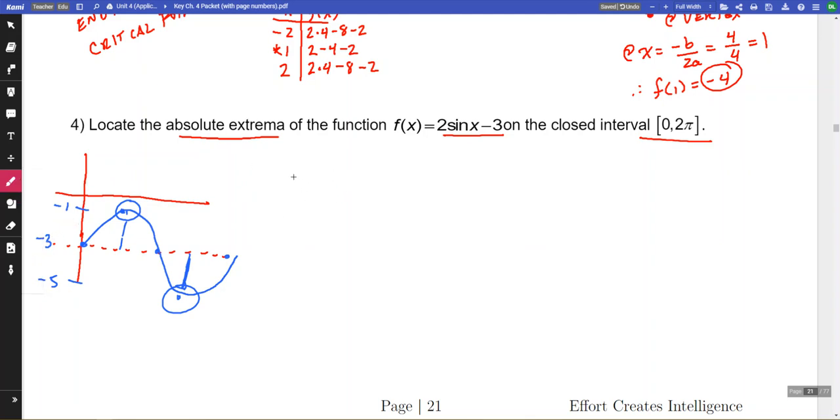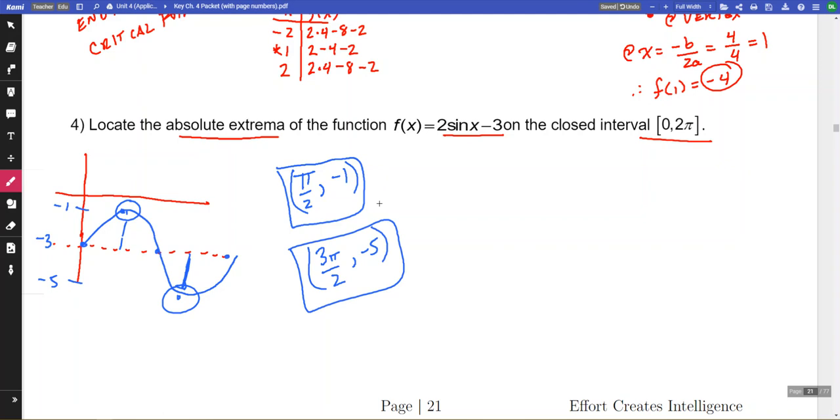I know that the absolute extrema is going to be at pi over 2, negative 1, as well as at 3 pi over 2, negative 5. Now, these would be necessary to identify, which is the absolute max, and here is our absolute min.